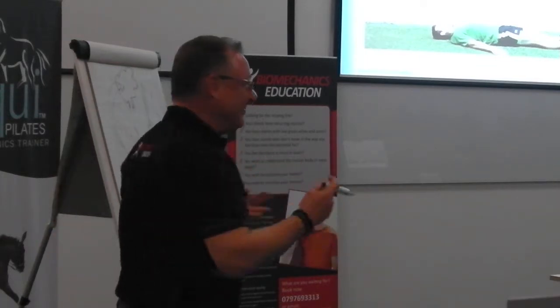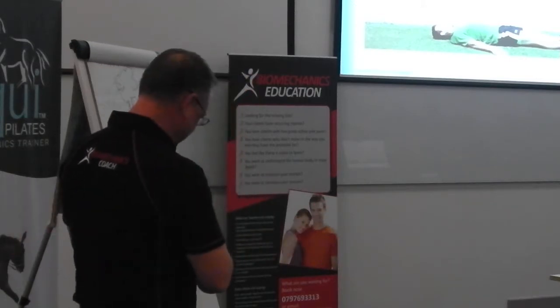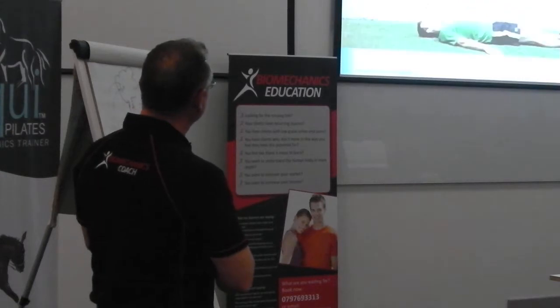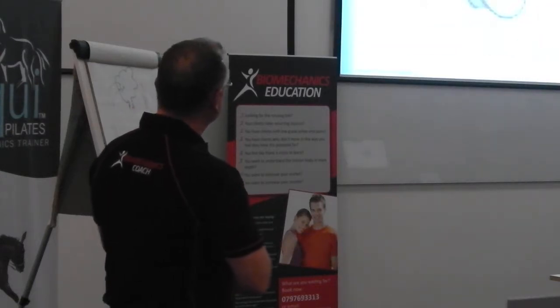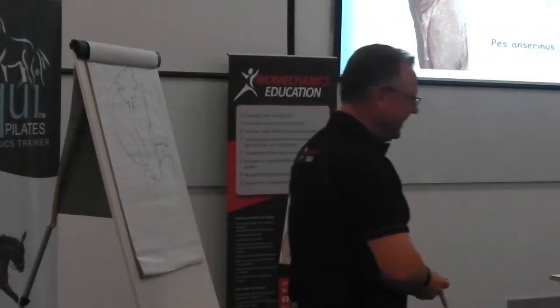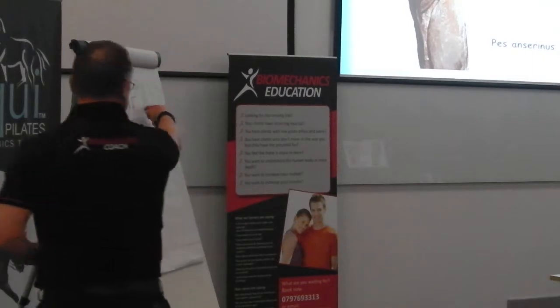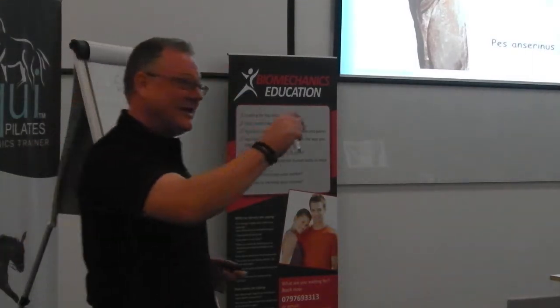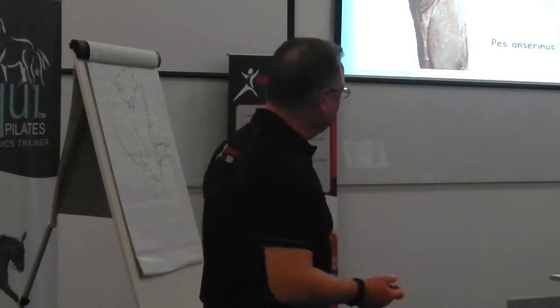And it does, but additionally, there is a slip that goes down. So semimembranosus also has a slip. It's not officially regarded as one of the pes anserinus, but it's there.